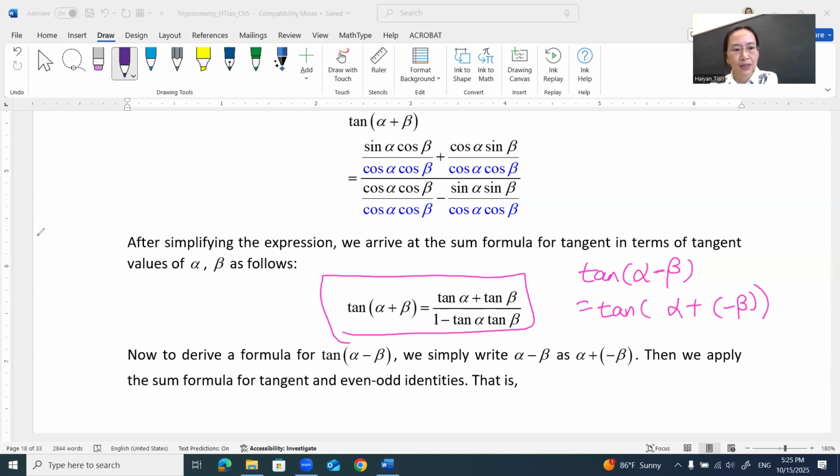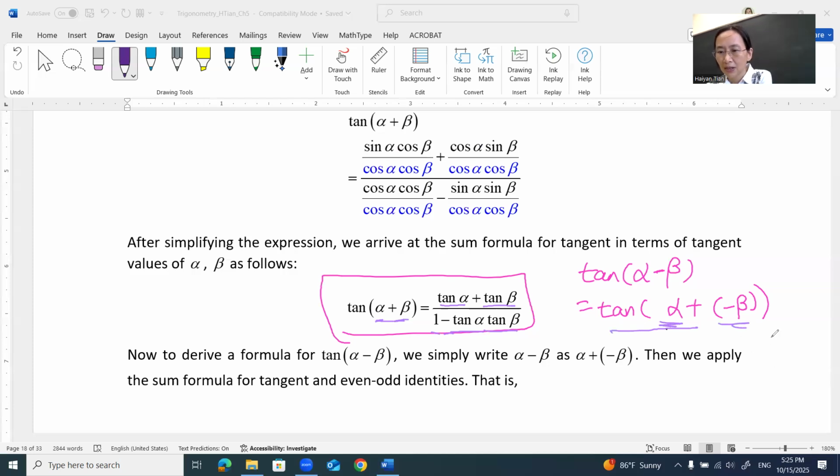So now, using this formula, you see in this formula, when you have two angles, tangent of first plus tangent of second over 1 minus tangent first times tangent second, right? This is the first and second.